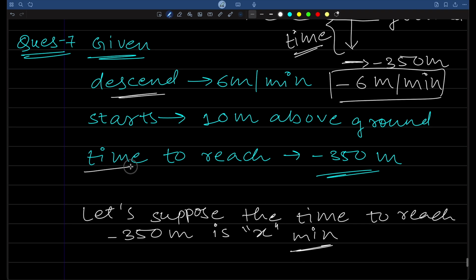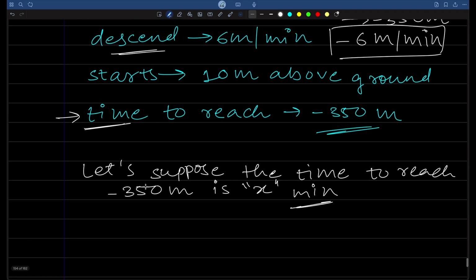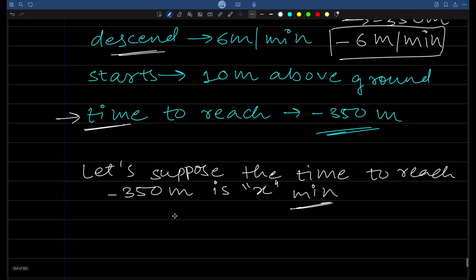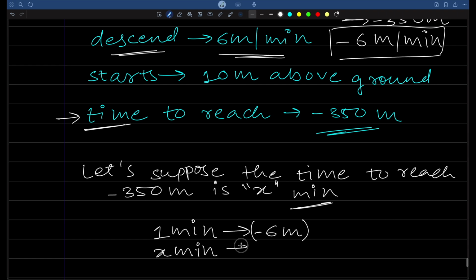We have to find the time, so we will suppose time as the variable x, and in 1 minute it descends 6 meter, so we will take minus sign, and in x minute it descends x into minus 6 divided by 1, that is equals to minus 6 into x.